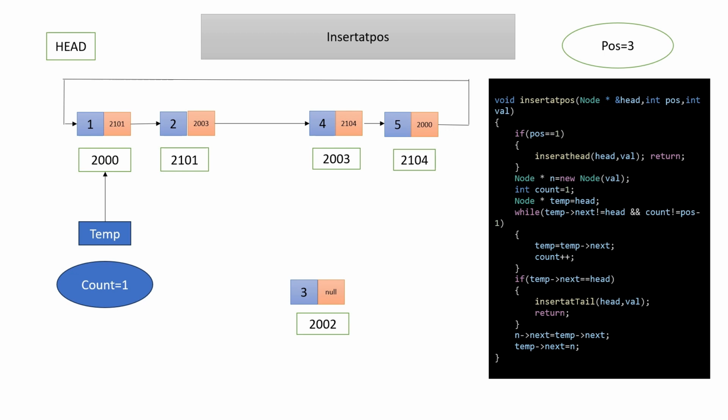And now we discuss insert at position. What if we want to place our new node at the third position? First we check a few conditions. If our head is equal to null, then we place the new node at our head.